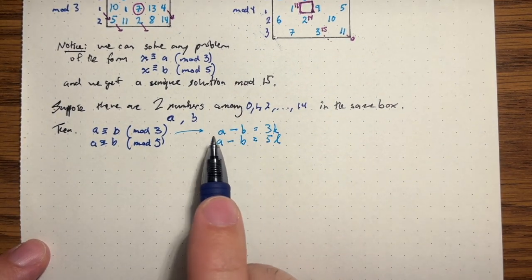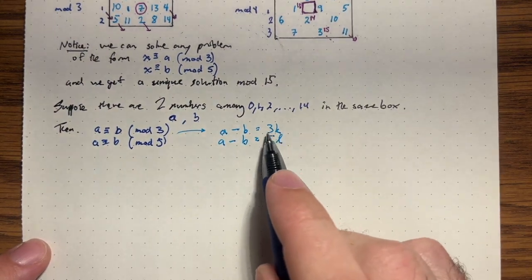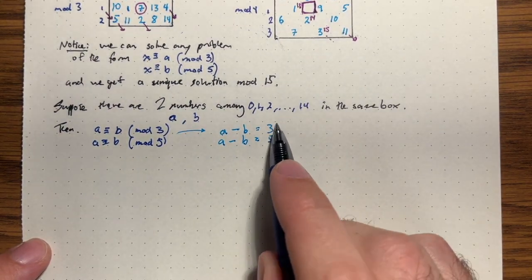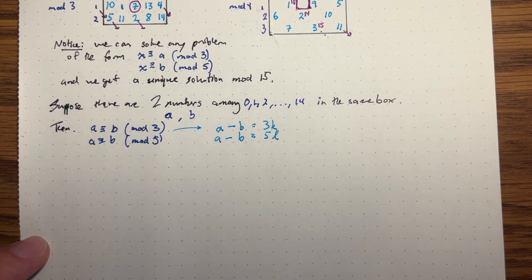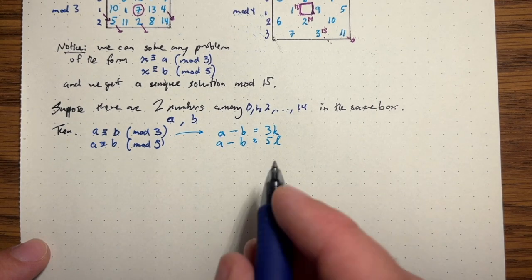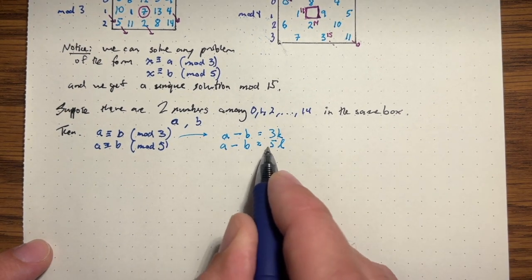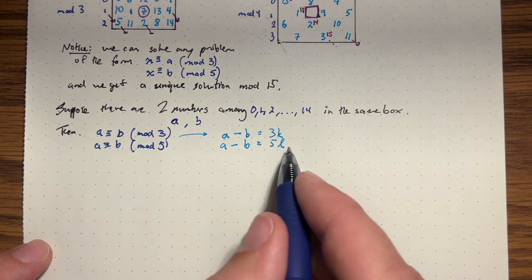The idea is we want to show that these differ by a multiple of 15. So if we look at this first equation, we want to show this k is actually divisible by 5. And we can do that. The reason is, 5l equals A minus B, which equals 3k. So 5l equals 3k.